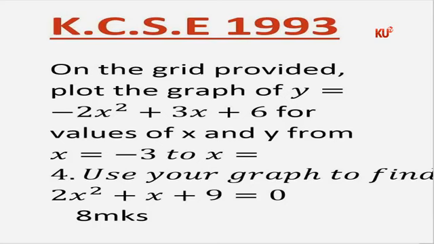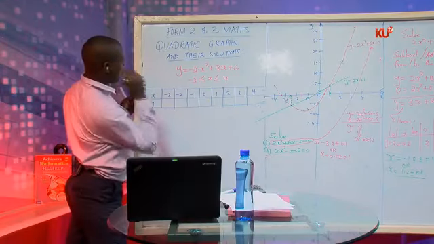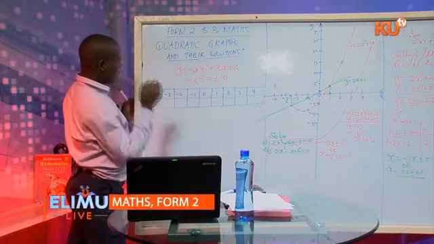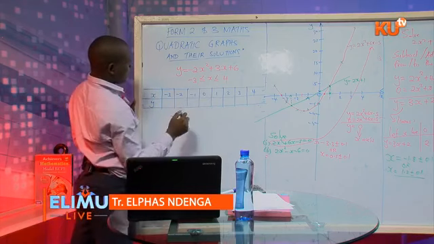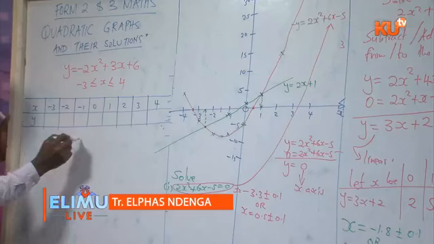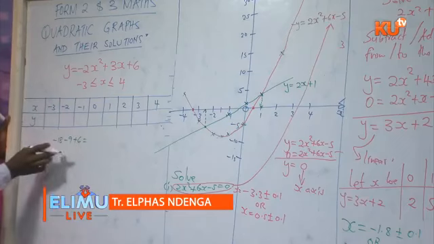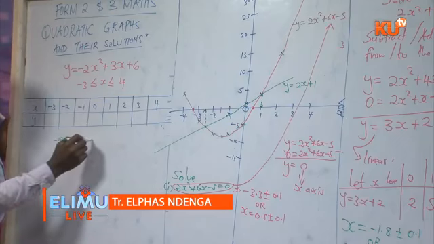So if it's negative, now what you have is -2 into 9, that is -18, then minus 9 plus 6, so that is -21.